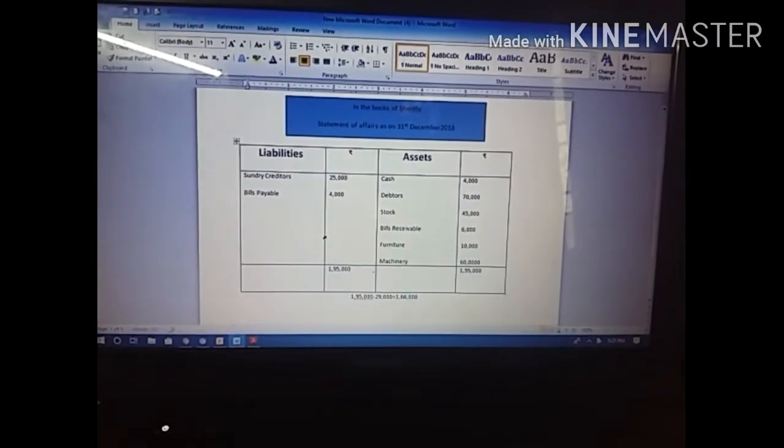Children, you have to add the liability side separately and the asset side separately. If you add the asset side, we get 1,95,000. If you add the liability side, we get 29,000. So 1,95,000 minus 29,000, we are getting 1,66,000. This amount we have found out is called the capital amount.